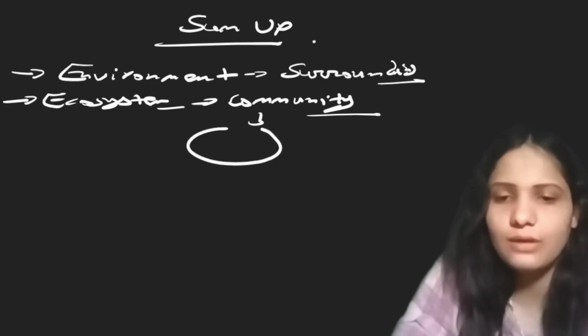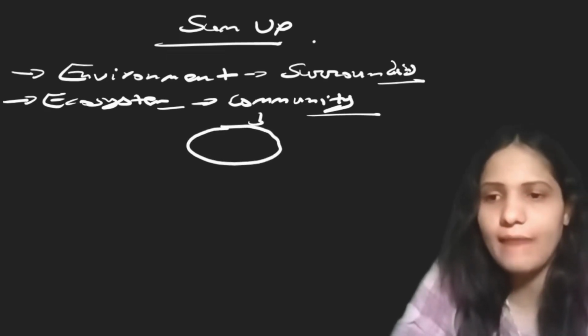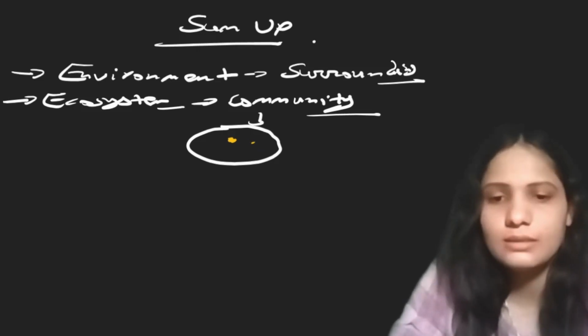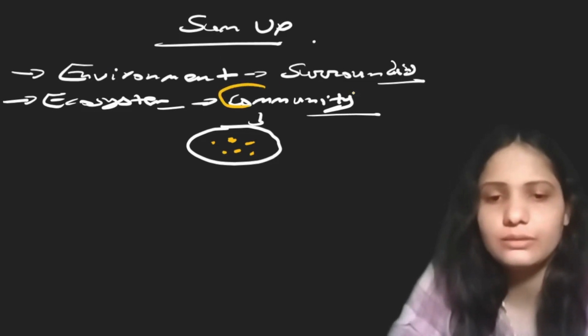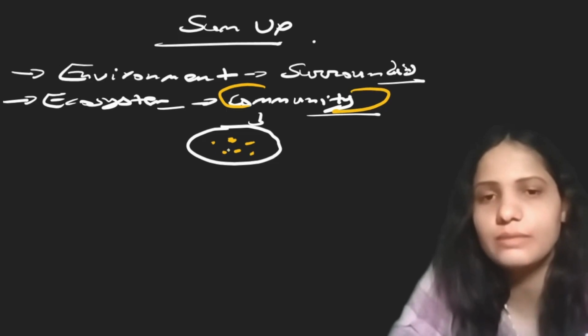In a community we have different types of animals like humans, lions, dogs. Apart from animals, we have plants. So these constitute a community, and that community is the ecosystem.